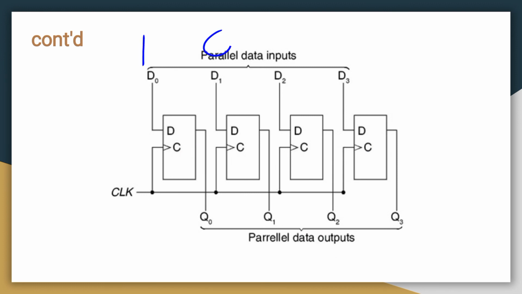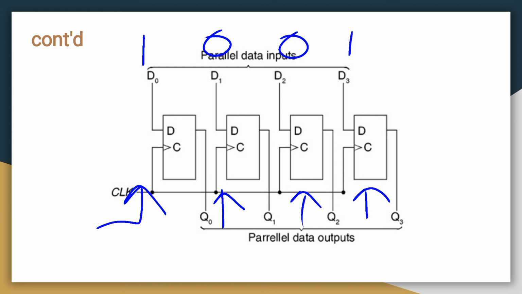Take an input 1001. So the clock is applied at the same time for all the flip-flops. Then the first flip-flop input is 1 and clock, so it is set, the output is 1. Next for second it is reset, the output is 0. For third the input is 0 and clock, so it is reset, so output is 0.